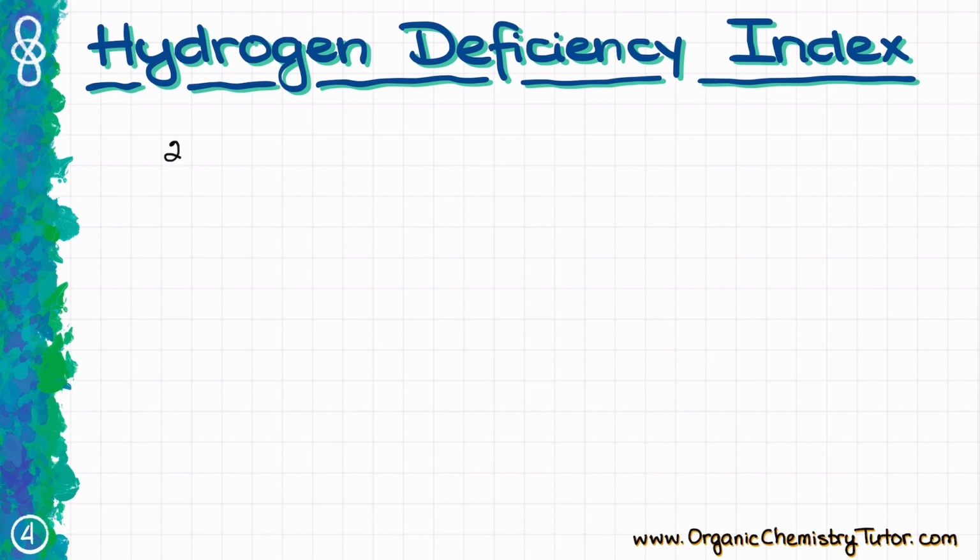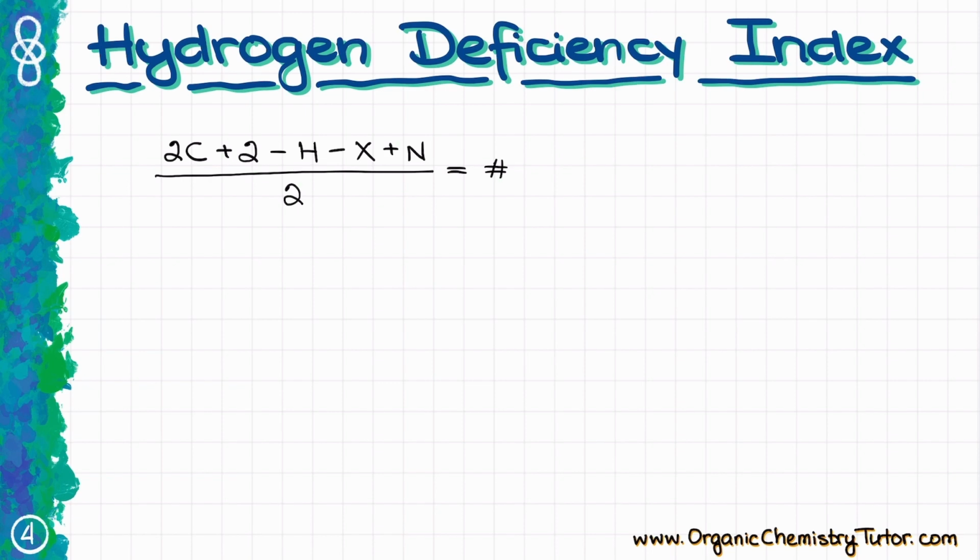We're going to take twice the number of carbons plus 2 minus any hydrogens that we have in the molecule minus any halogens plus nitrogens if we have any. We're going to ignore oxygens and sulfurs, divide that by 2, and we are going to get some sort of number. So that is going to be our hydrogen deficiency index.